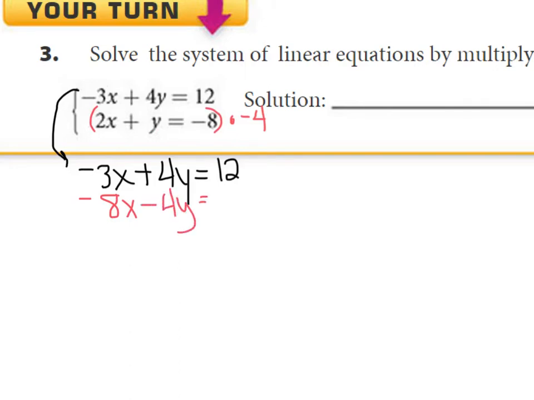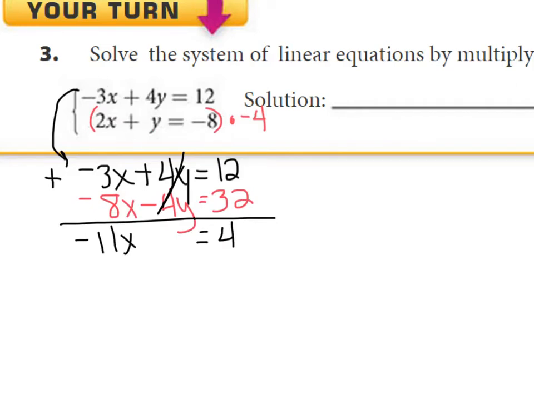And that negative 8 now becomes a positive 32. And now I have a pair of opposites that I can eliminate, so they're gone. Negative 3x plus negative 8x is negative 11x. 12 plus 32 is 44. Divide by negative 11.